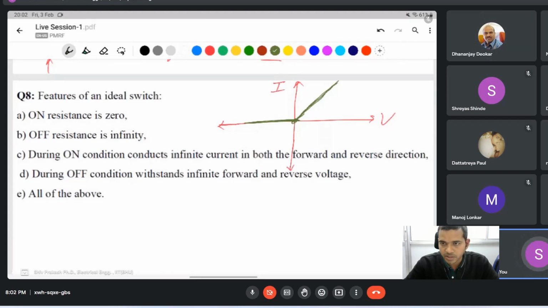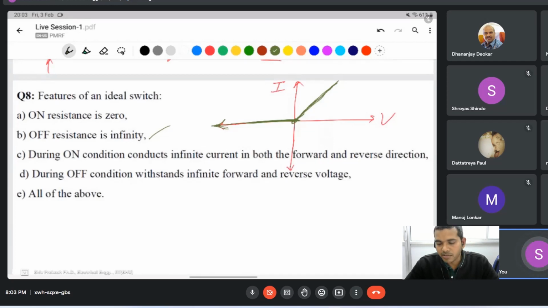But in ideal switches, current flows when you apply even a minimum voltage. And the reverse blocking capability is infinity. Infinity means you apply even an infinite voltage in reverse bias, the diode is in the off state.